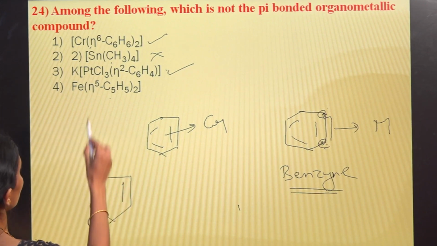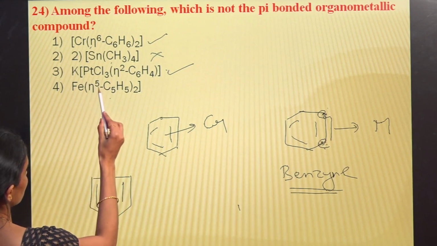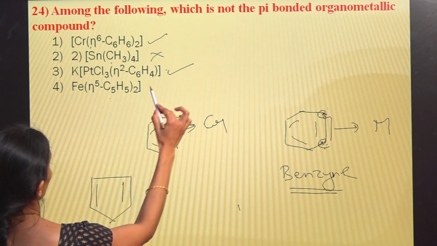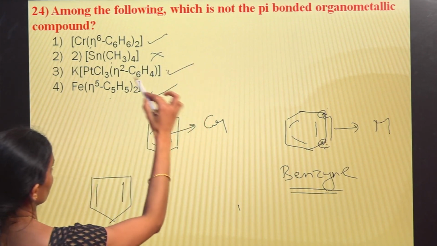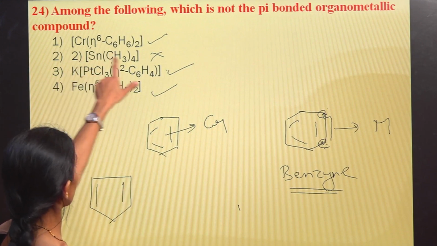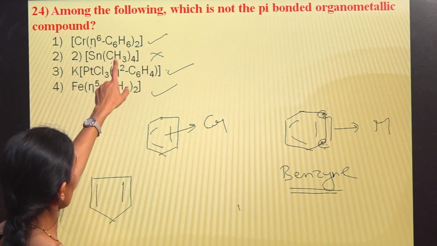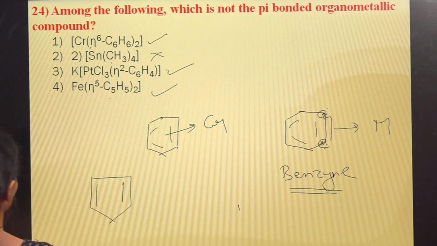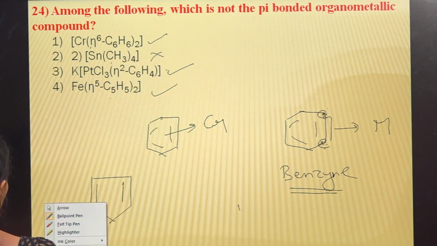That is why hapticity here is 5. All right. Now, because these 3 are having pi bonds in the ligands, they are not the answers. Only the second option, which doesn't have any pi bond, becomes the answer. So option 2 is the right answer.